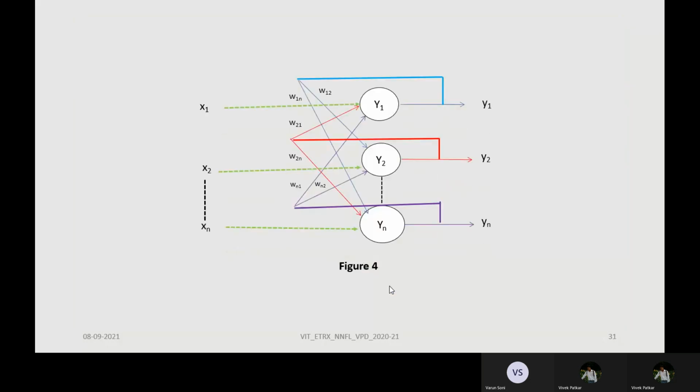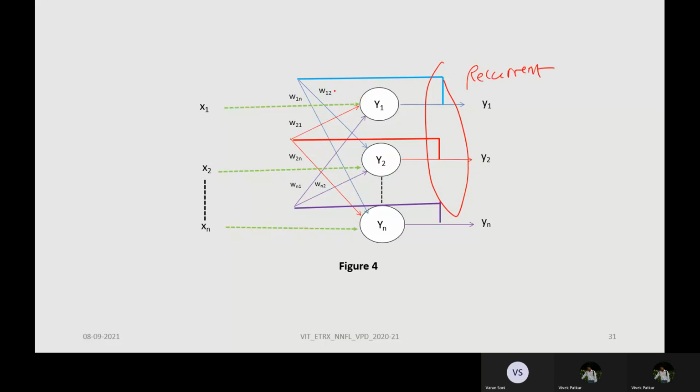When you see the architecture, very important. See here, this blue colored feedback is not connected to itself. Can you see it? Yes, sir. The output of each neuron does not get connected to its own input, but it goes to the other neurons. That's very important. And second, since there is feedback, we call it recurrent.